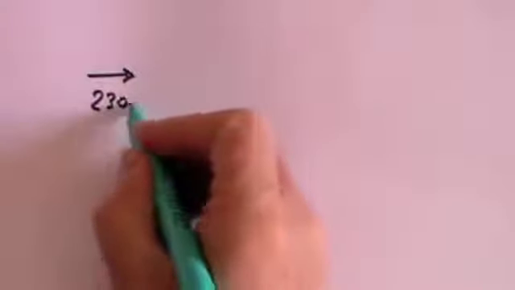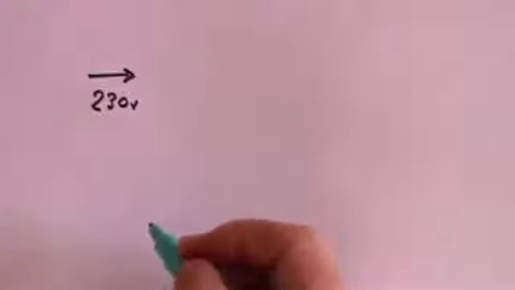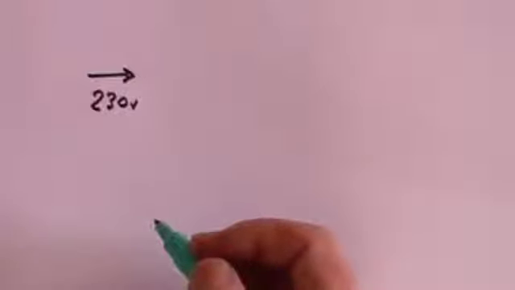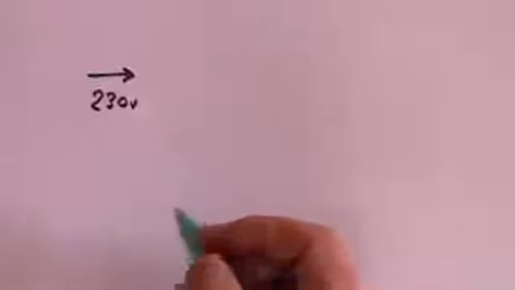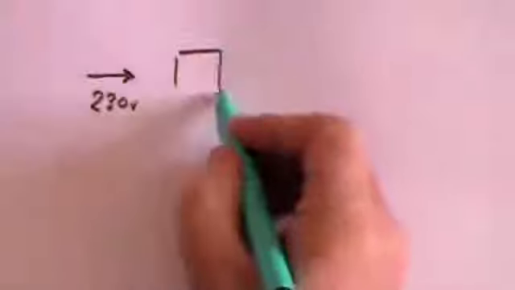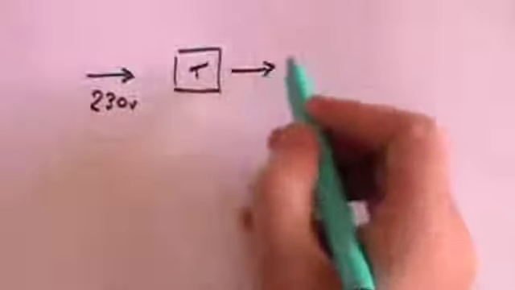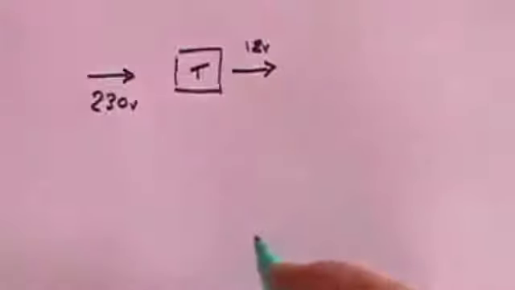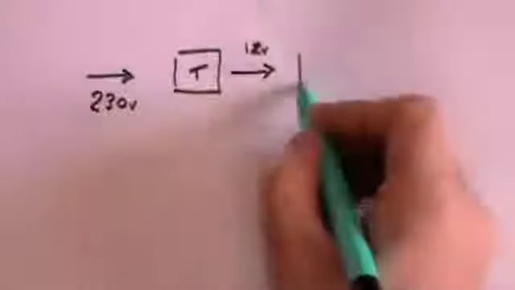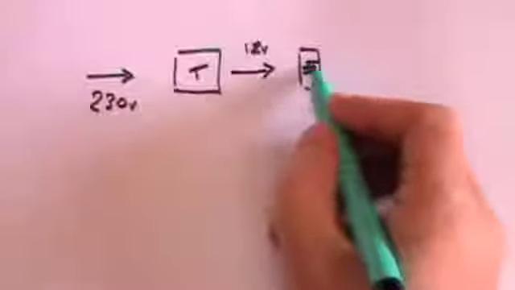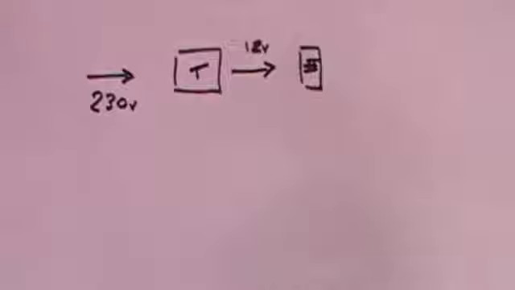For example, if you take the voltage that comes out of the wall in the United Kingdom at 230 volts and you want to charge your mobile phone, there is no point plugging 230 volts into the mobile phone because you will cause it a lot of damage. What you will need to do is to put that through a transformer which will transform the voltage down to something like 12 volts or 9 volts or whatever the mobile phone needs, and then you can plug that into your mobile phone and then you can charge it.